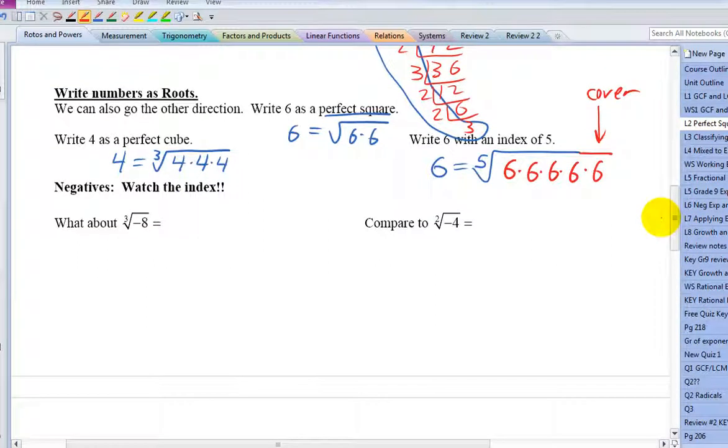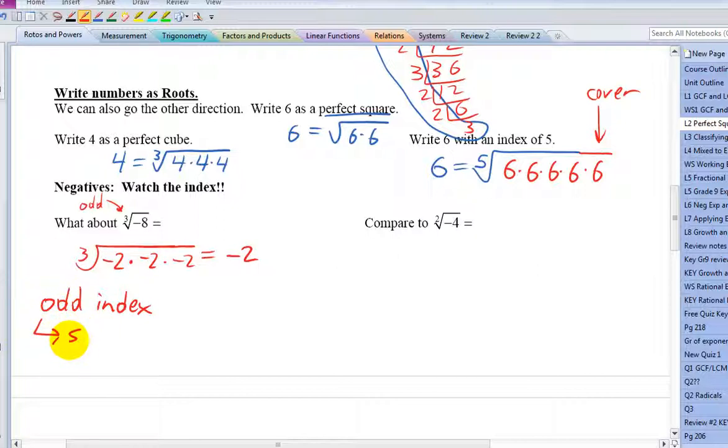Okay, so we're jumping around a little bit. Negatives, watch the index. Okay, this is an odd index. And so what we have is what 3 numbers multiplied to -8 that are the same? -2 times -2 times -2. And so the value is -2. Okay. So with an odd index, you can solve the negative sign or the negatives.